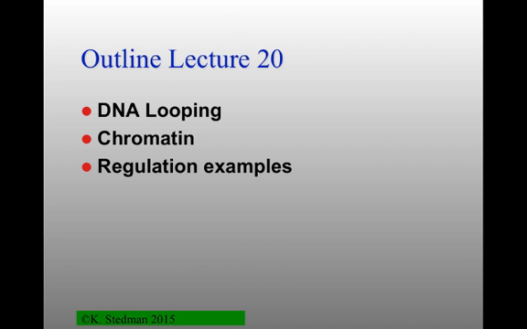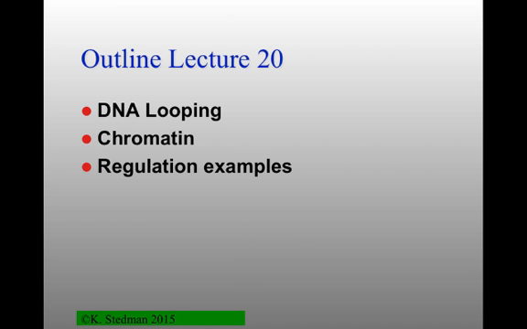Before everybody disappears, so now we're going to continue with Lecture 20 after all the technical difficulties. Just a quick outline of what I'm going to talk about for the next 50 minutes or so. First, we'll start out by talking a little bit about DNA looping.